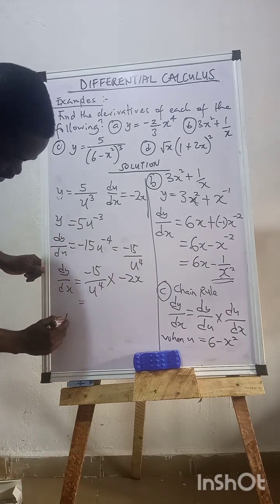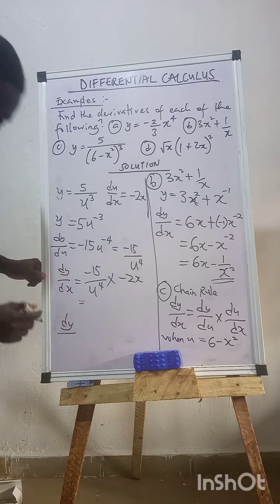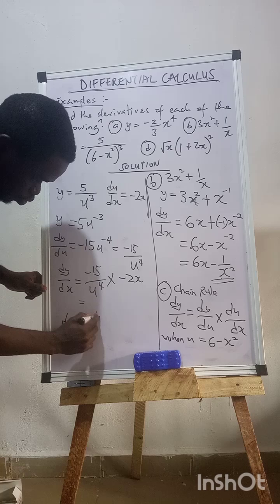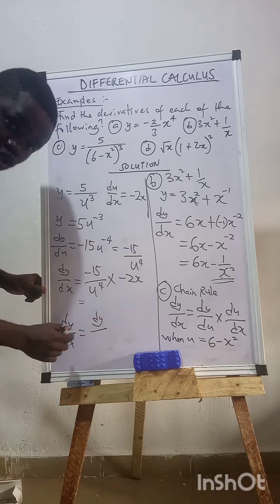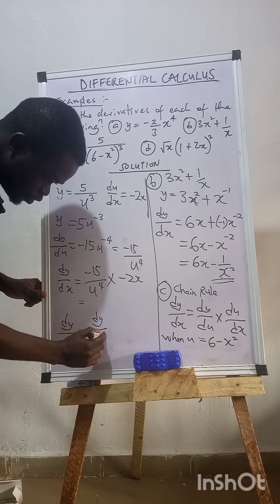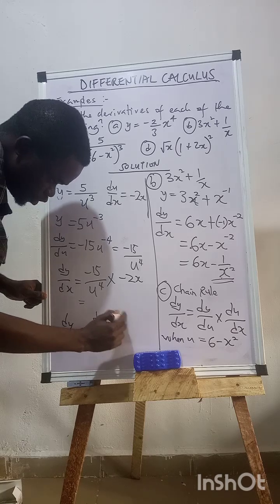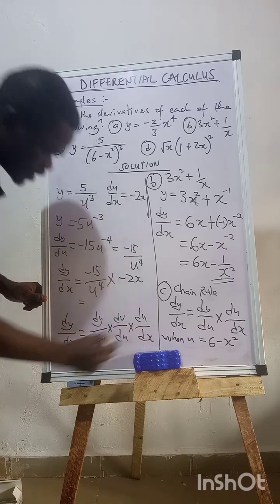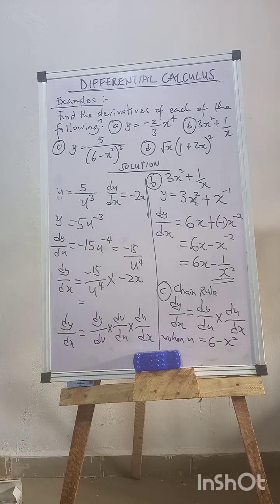What I mean by that is that if you want to add a v, then dy over dx will be equal to dy over dv times dv over du times du over dx. Are you seeing it?